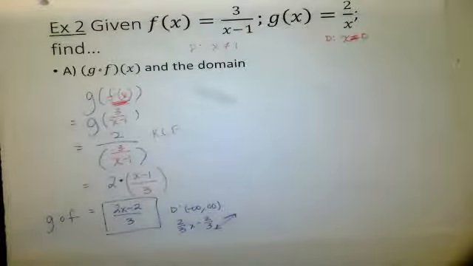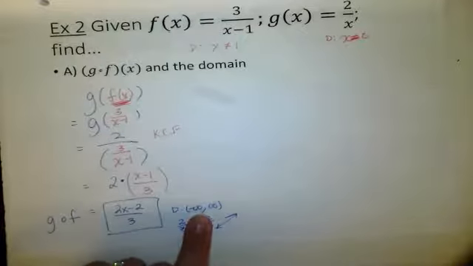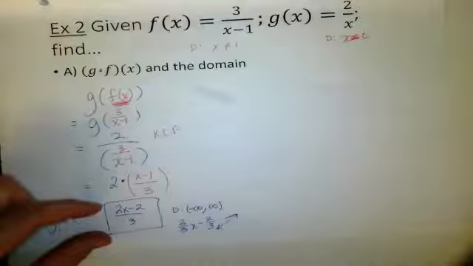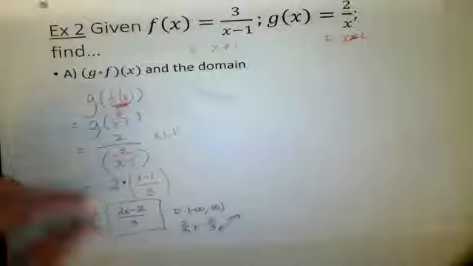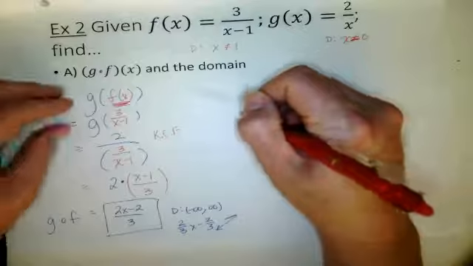If you have a complex fraction, you should simplify. So this is where composition of functions gets complicated, because it looks like the domain goes from negative to positive infinity. That's actually incorrect. It cleaned up real nice, except for the fact that what we started with had exclusions. So that's where the domain becomes very tricky.